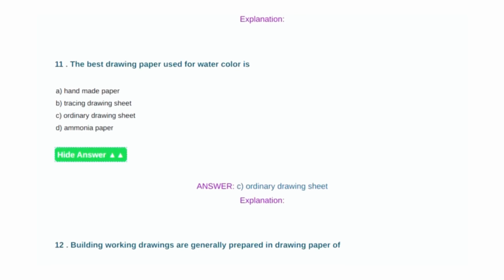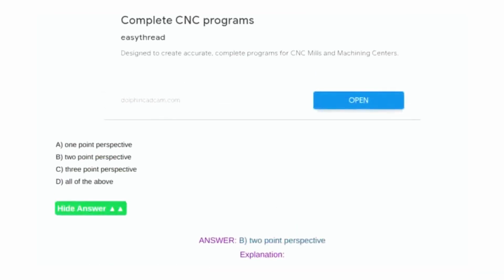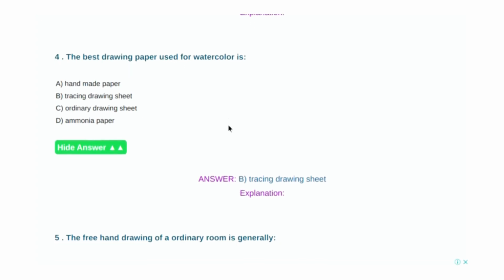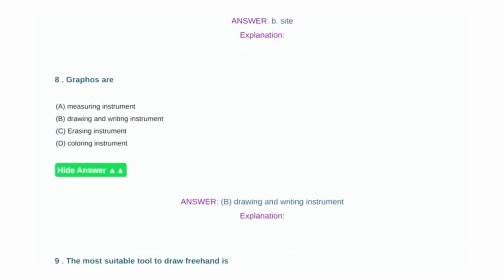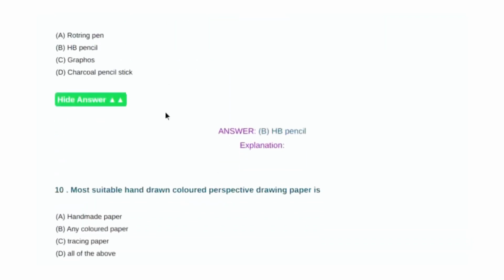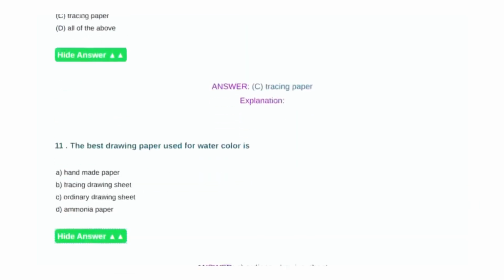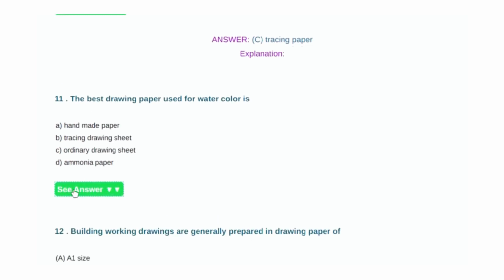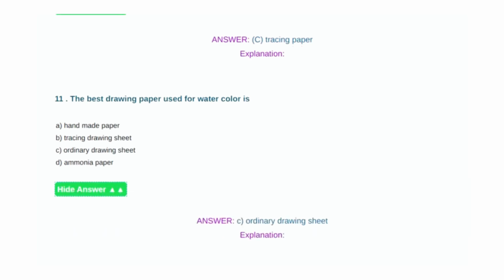But the best drawing paper used for watercolor is ordinary drawing sheet. Confusion.